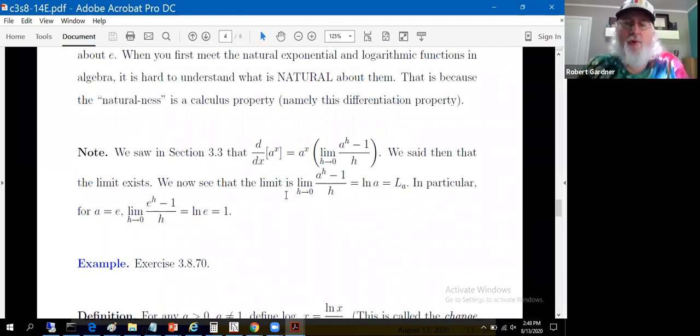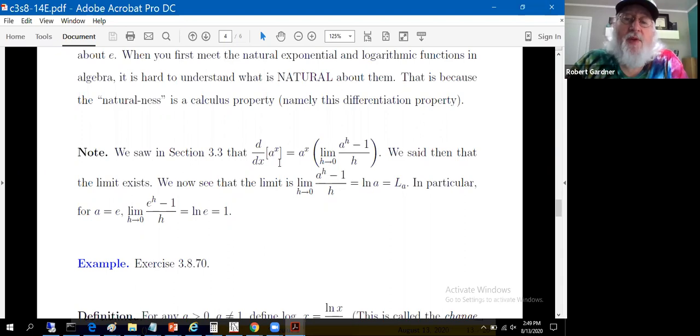We had gone through and shown from the definition of derivative of an exponential function that the derivative with respect to x of a to the x was a to the x times this weird limit thing. And we played around with it in terms of some pictures, and we made some claims that we didn't justify very well. Well, that thing there turns out to be the natural log of a.